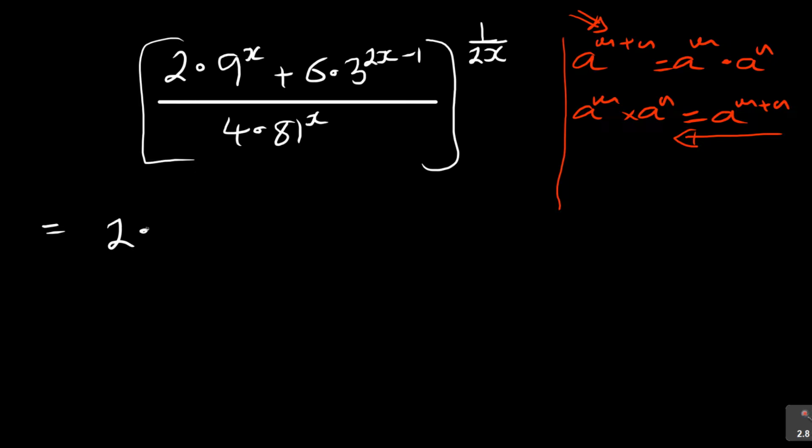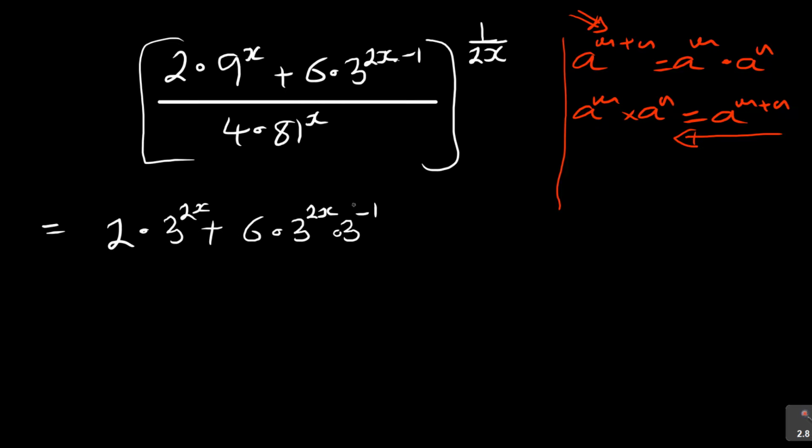So this is equal to: 9 becomes 3 to the exponent 2, so it will be 3 to the 2x now, plus 6. I can actually go ahead and split that. Now I'm applying this rule: 2x minus 1 would be 3 to the exponent 2x times 3 to the exponent negative 1.